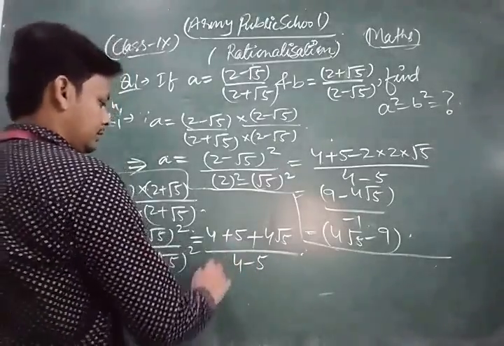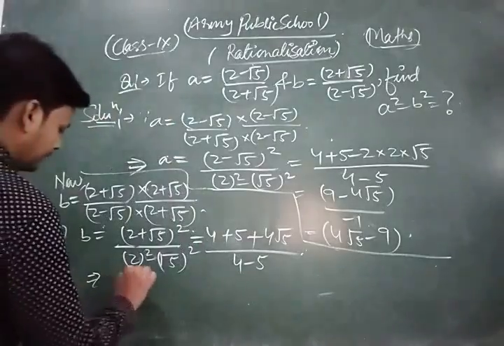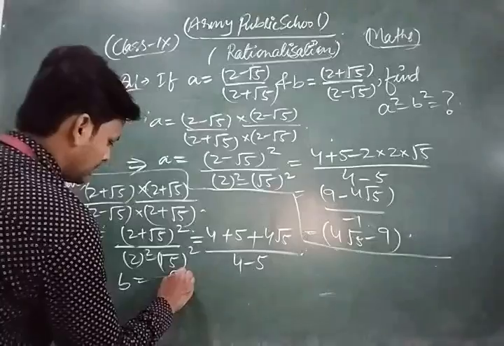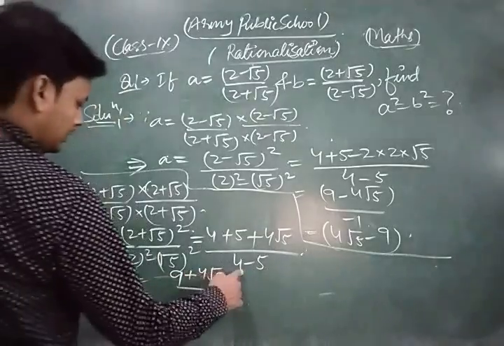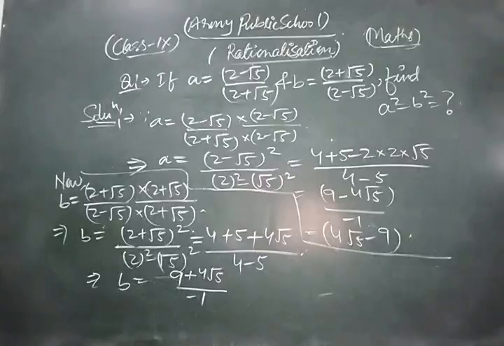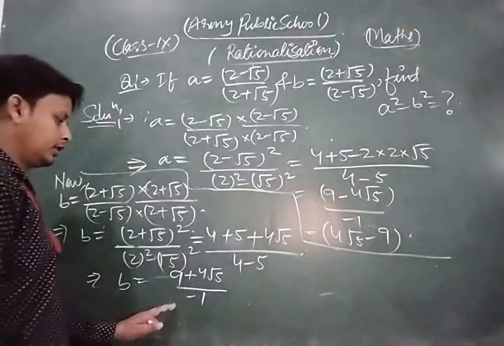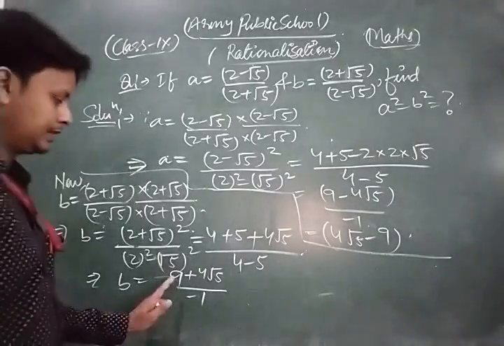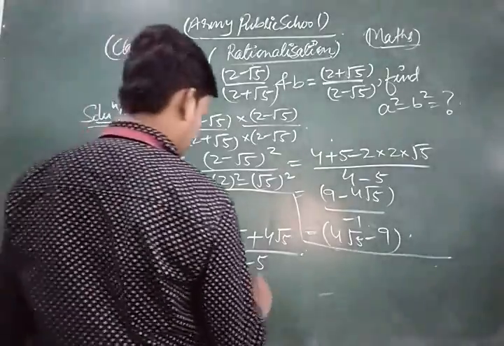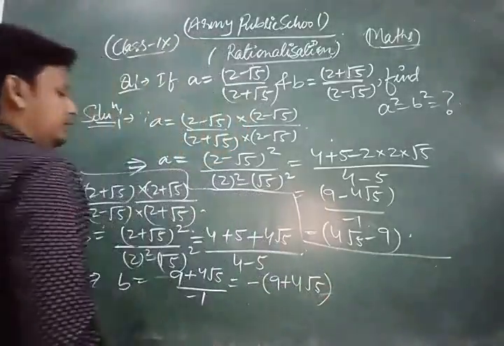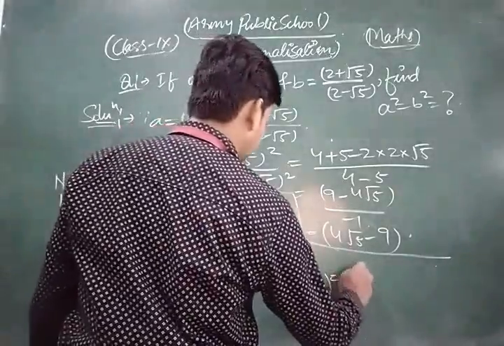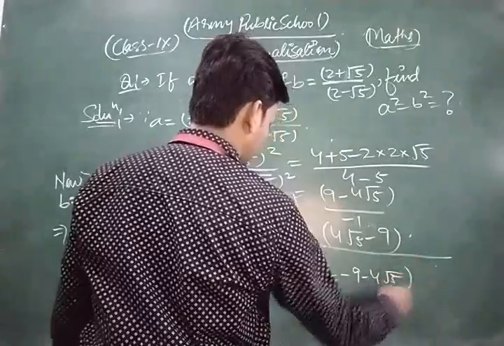So we get 9 plus 4 root 5 divided by minus 1, which is minus 9 minus 4 root 5.